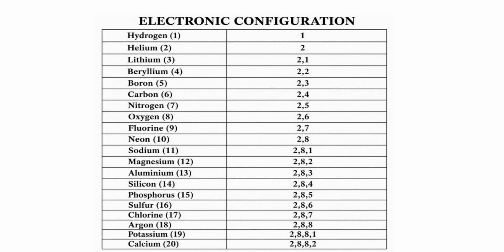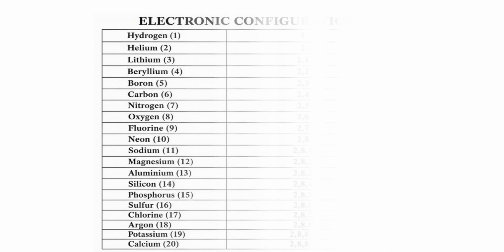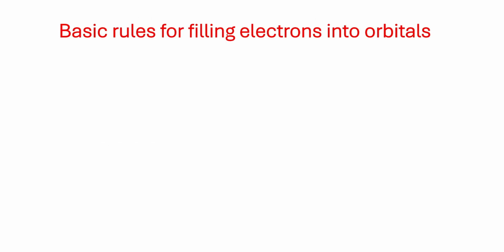So what is electronic configuration? It is simply the arrangement of electrons in the different shells, subshells, and orbitals of an atom. It shows how many electrons are distributed around the nucleus. It is important to note that there are three rules that must be obeyed before filling electrons into orbitals.